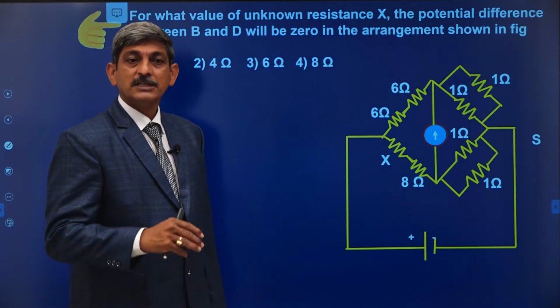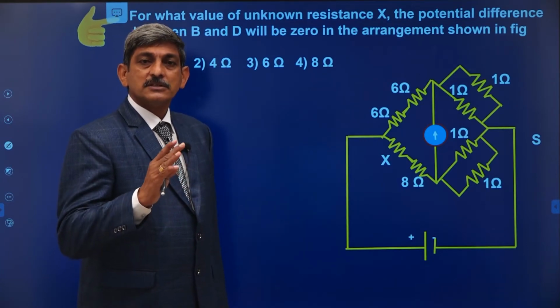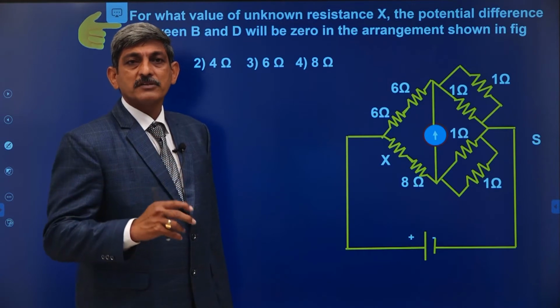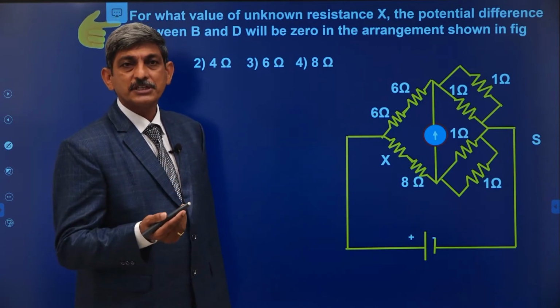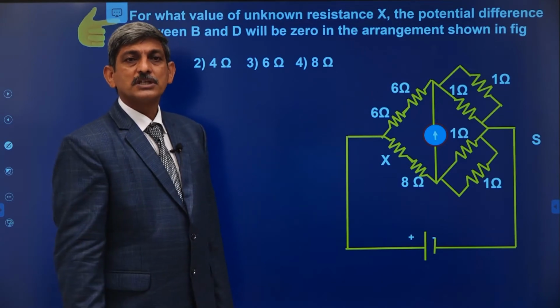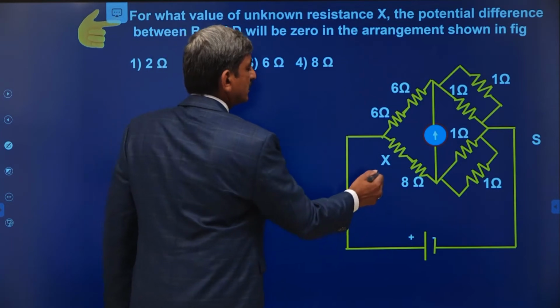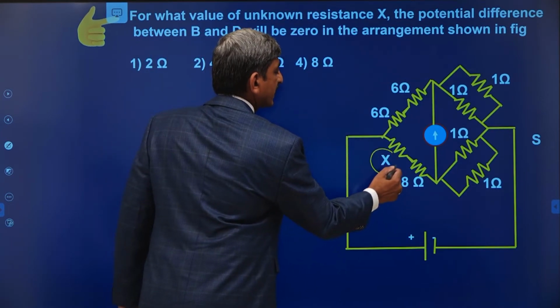That means in none of the arms is a single resistance value given. Either the series combination or the parallel combination of the resistors is chosen in the 4 arms. Now to balance the bridge, we have to find out this X value.